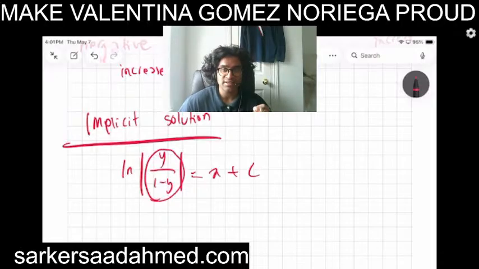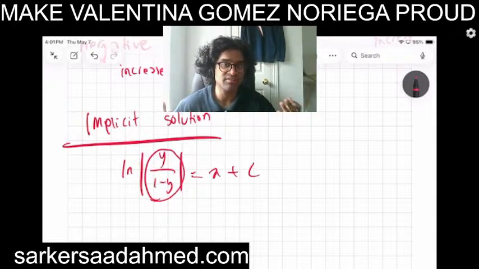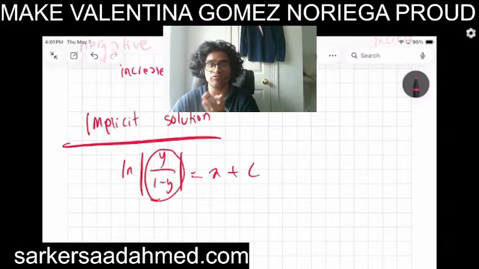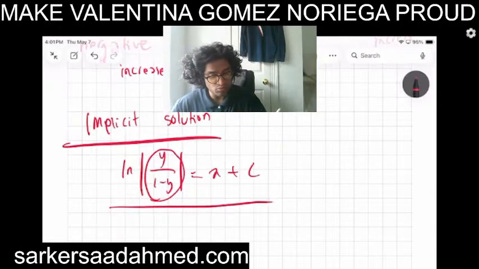The y is inside the ln function. So y is not free. y is caged onto something. What is that something? That something is ln here. And the y is trapped under the ln function, which makes this equation implicit. This is what we call an implicit solution.